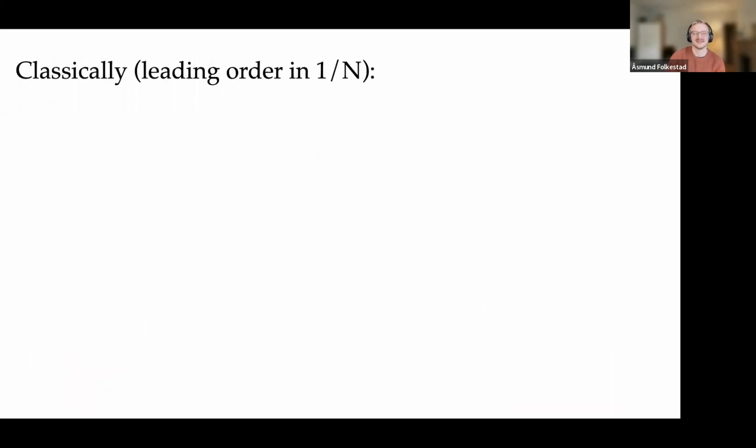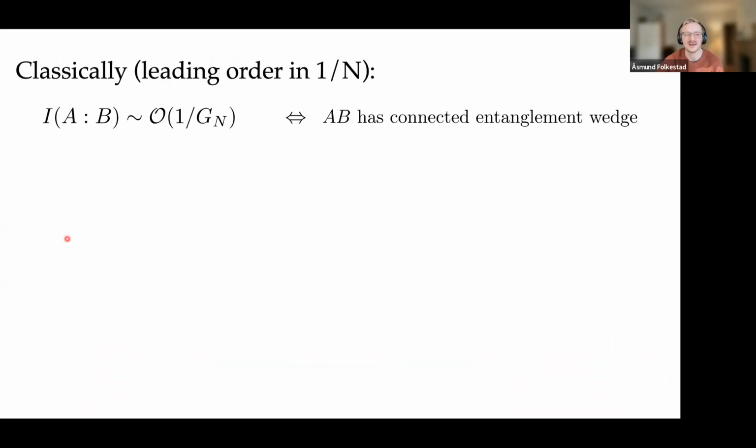Let's look a little bit closer at what you can do to diagnose connectivity classically, so we can see what fails when we include corrections. Classically, it is true that if the mutual information between A and B is order 1/G_N, then AB has a connected entanglement wedge.